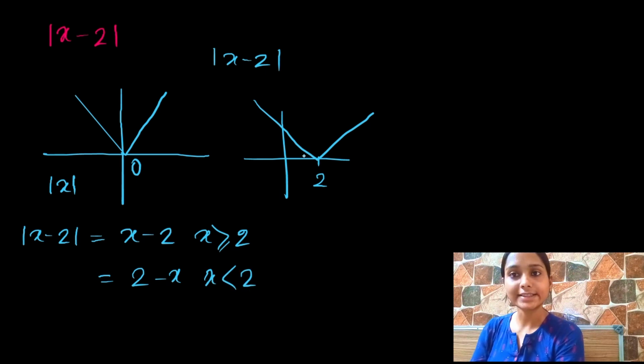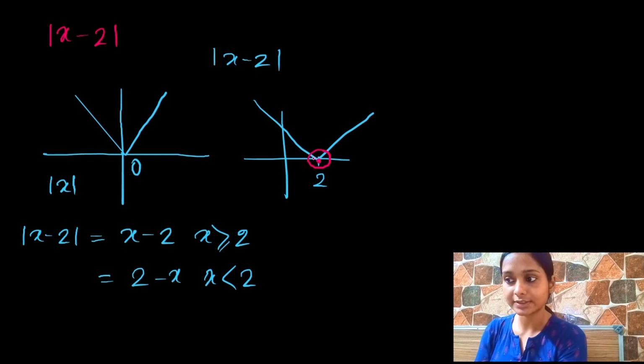Now we can see that this mod function is continuous everywhere, as we can continuously draw this function. So |x - 2| is also continuous everywhere. But for differentiability, there is a corner point here, at x = 2. Other than this, there is no corner point on this graph, only one.